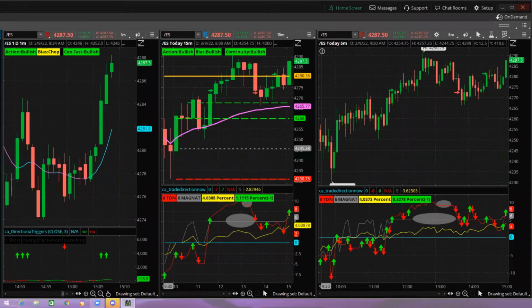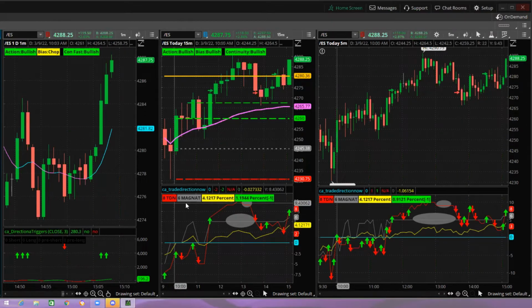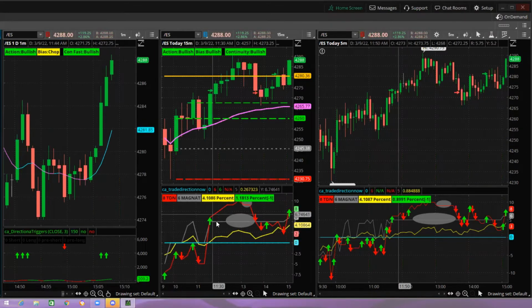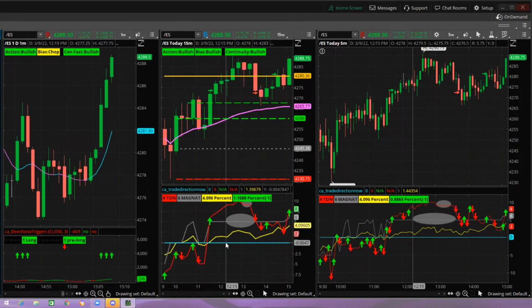Okay, so TDN is this tool down here at the bottom of the 15-minute screen. Well, in this case, it's running on the 5 also, but I'm going to concentrate on the 15. I've got a red line, a gray line, a yellow line, and we'll call it a magenta line.